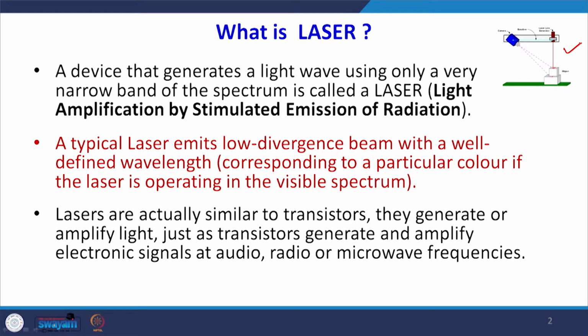So typically this is a low divergence beam, but it has a well defined wavelength, and it corresponds to a particular color. As we know, in the wavelength region we define in terms of the color also. If it is operating in a visible part of the spectrum, it is related to the color.